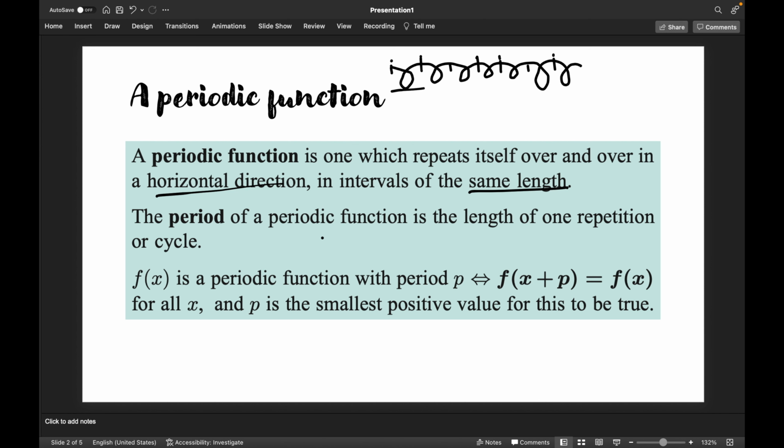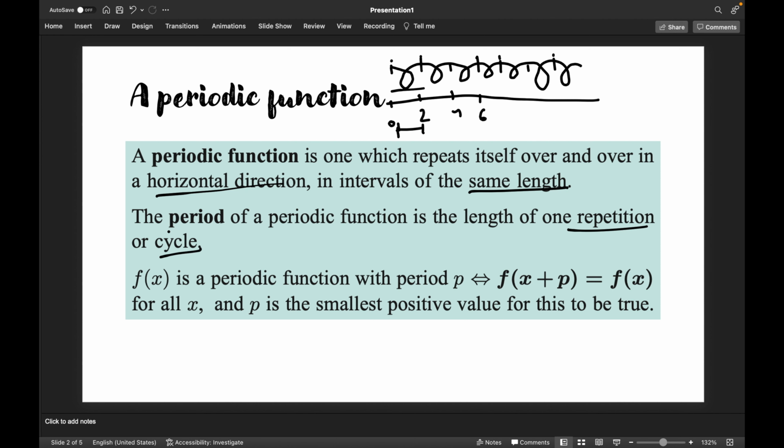And then the period of a periodic function is the length of one repetition or cycle. Okay, let's label this as 2, let this be 0, 4, 6, and so on. The period of this would be 2 units, whatever the units be. It's the length of one repetition or cycle.